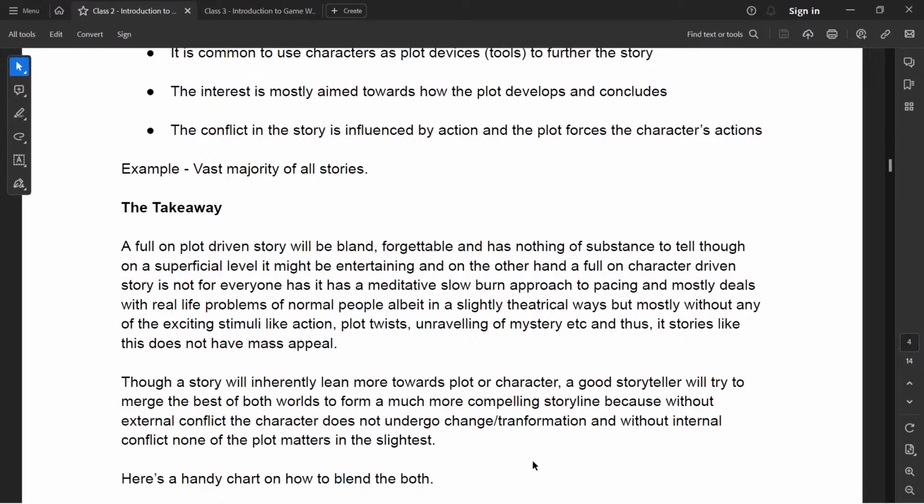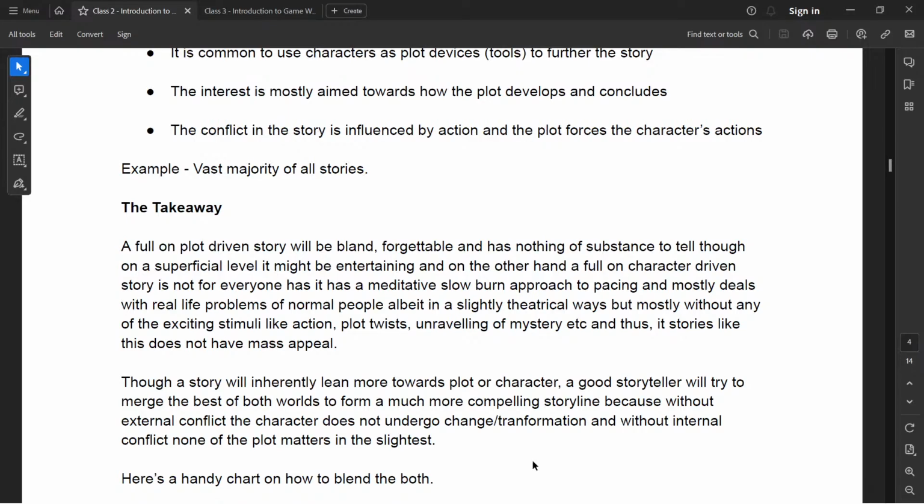But the problem was it was just a plot-driven story. The story was not that great either. There was no character development, and that really destroyed the game instantly.